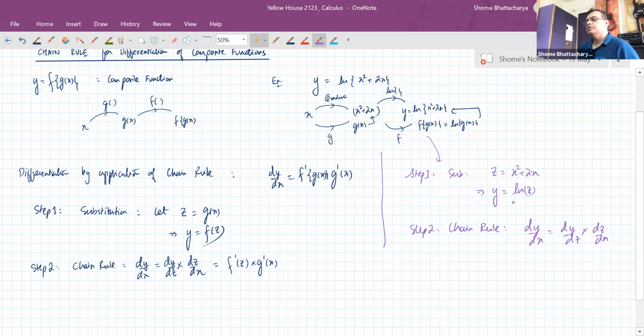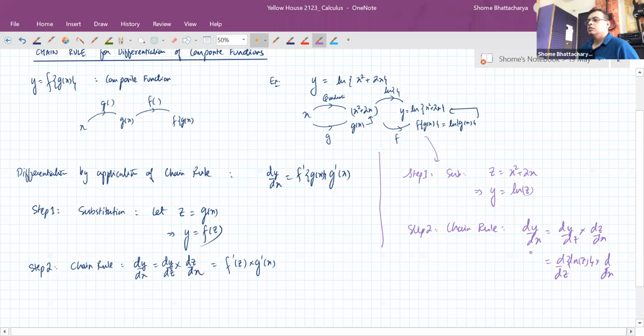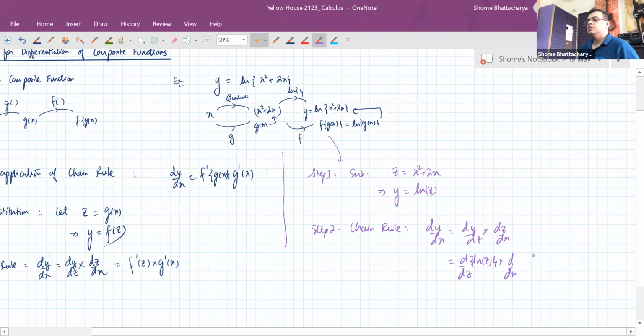So now we have to differentiate this ln z with respect to z and multiply it with the differentiation of this, which is differentiation of x square plus 2x with respect to x. So differentiation of ln z we can see is 1 by z, and differentiation of x square plus 2x is 2x plus 2.